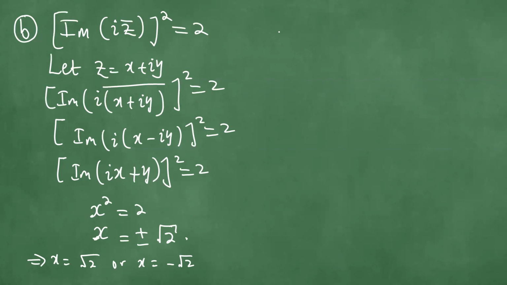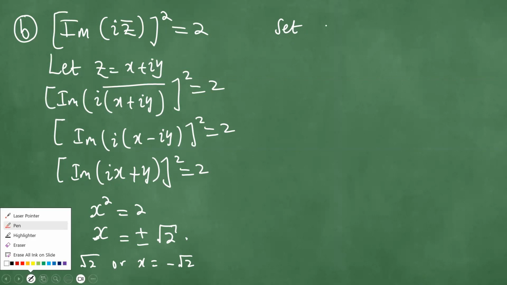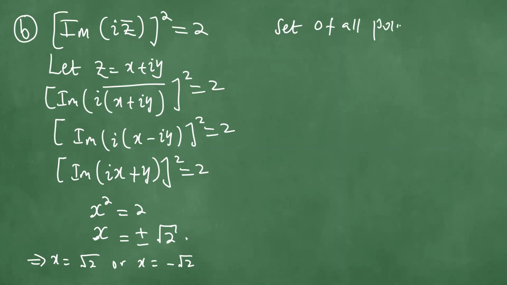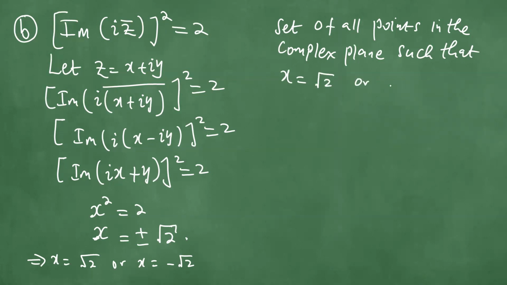It describes the set of all points in the complex plane such that x is the square root of 2, or x is negative the square root of 2.